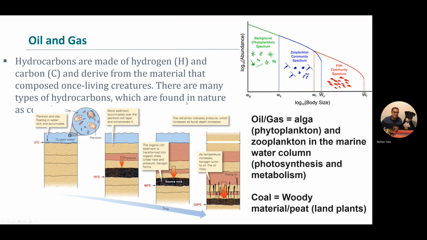Okay, so let's talk about fossil fuels, and we'll start with oil and gas. We refer to these as hydrocarbons because they're made of hydrogen and carbon, and they derive from materials that were once living creatures. There are many types of hydrocarbons found in nature, but we'll just talk about oil and gas, generally lumping these together.